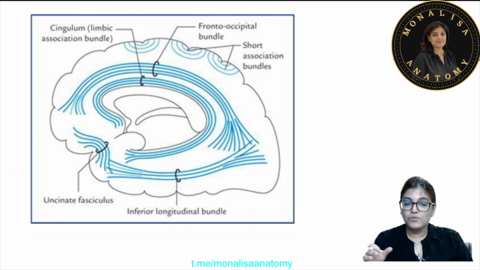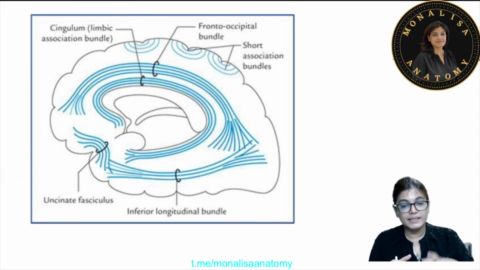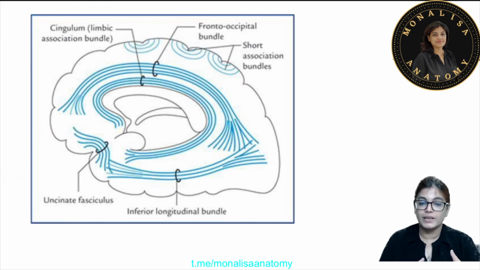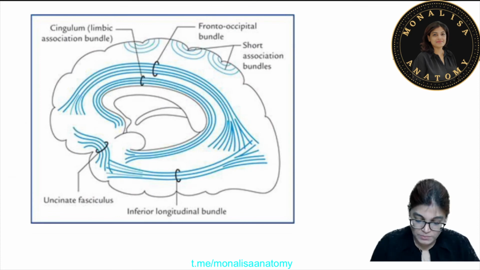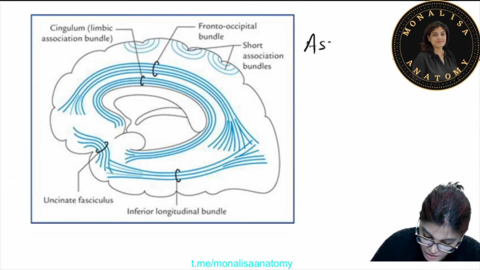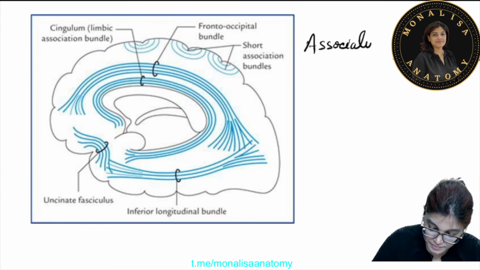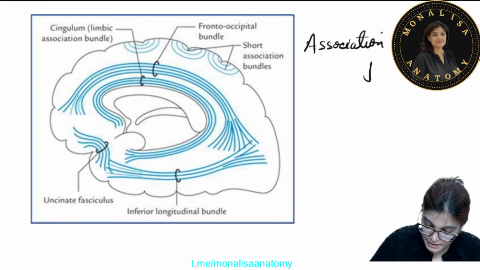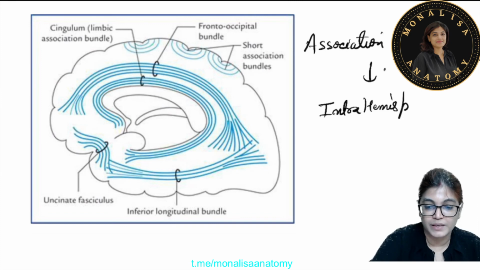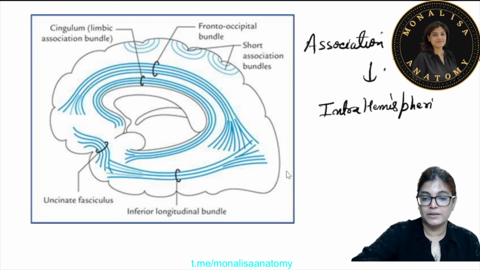We have two cerebral hemispheres, right and left, and the white fibers of the brain connecting different areas inside the same cerebral hemisphere are called association fibers. So association fibers will always be intrahemispheric, meaning inside one cerebral hemisphere.